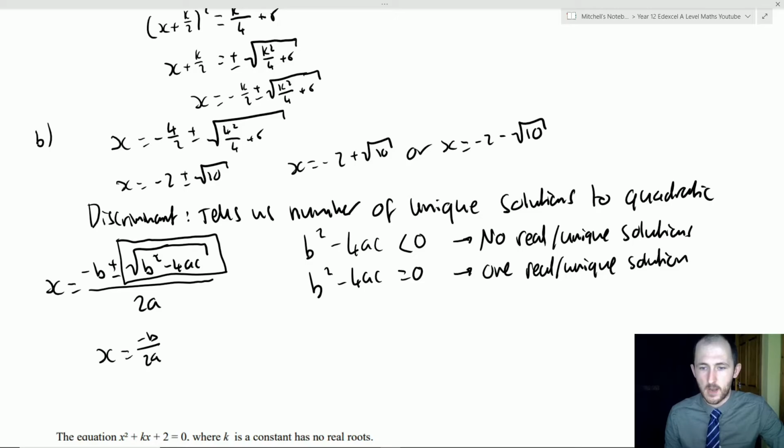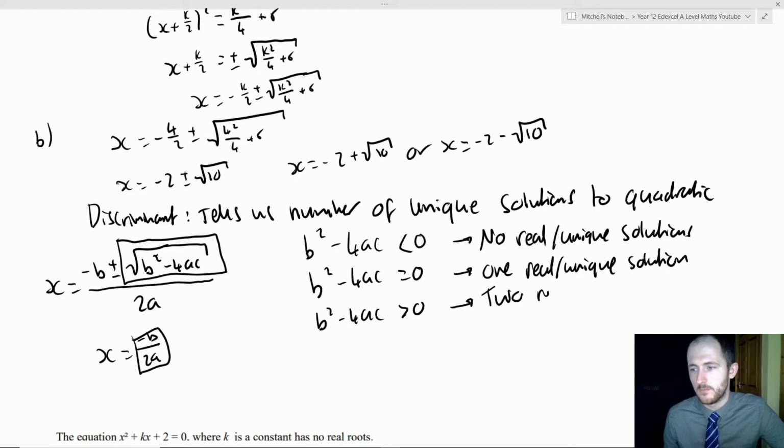Because this only has one answer. The plus minus is what gives us two answers, right? Now what if it's positive? Well, you can probably guess that there are two real unique solutions.